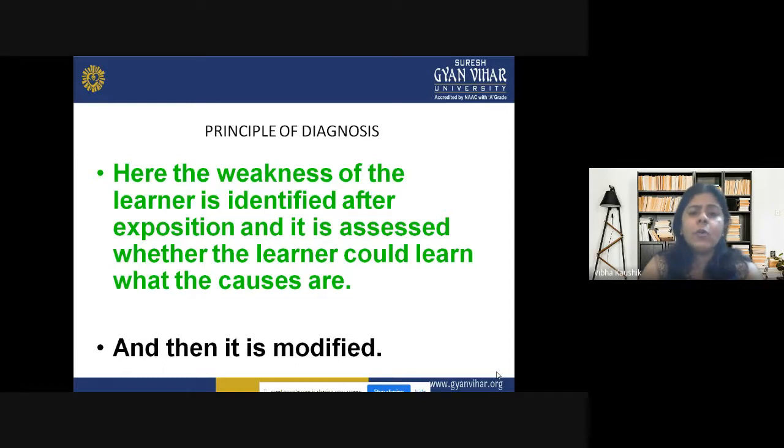After knowing the reasons why the learner is not able to learn those concepts, the programmer will modify it.